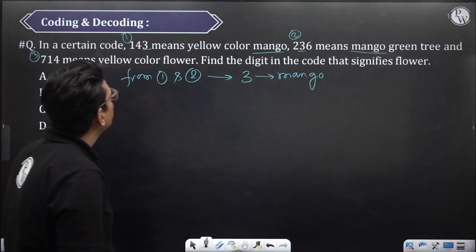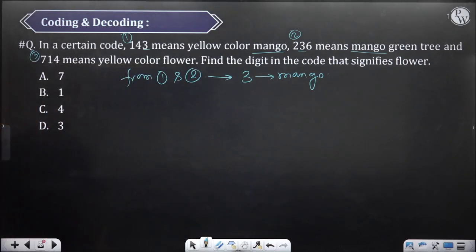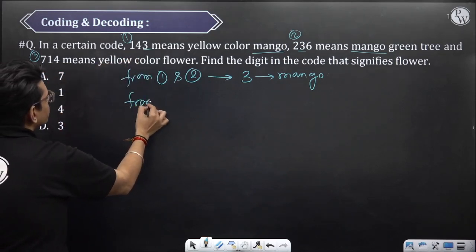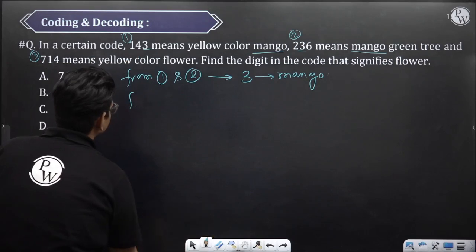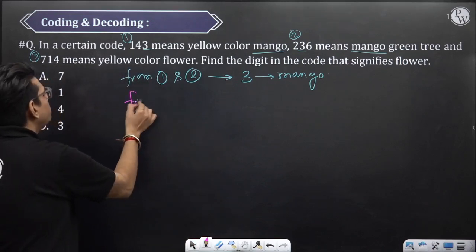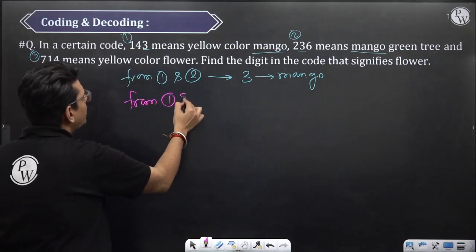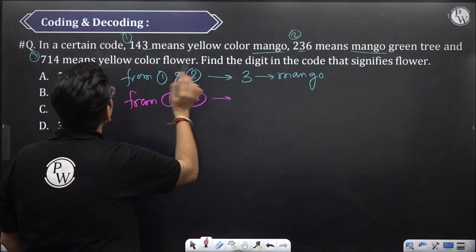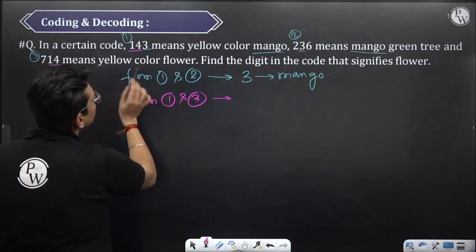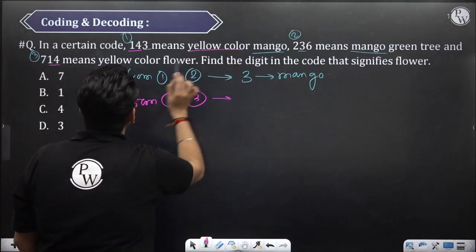Now 236 and this is nothing but 143, and from 1 and 3, 1 and 4 is common. Similarly, yellow color is common.